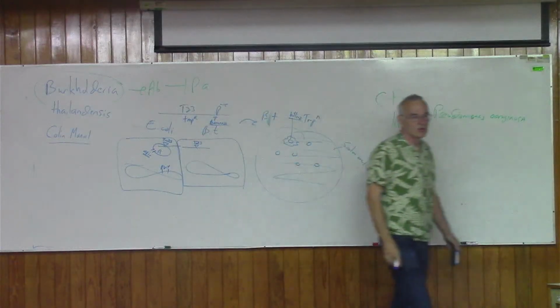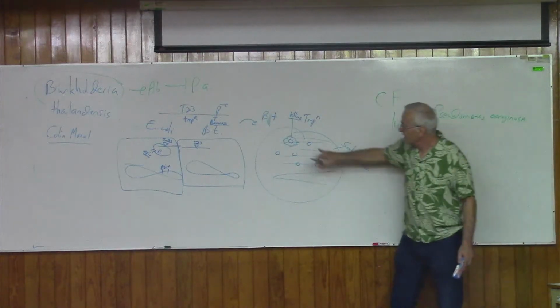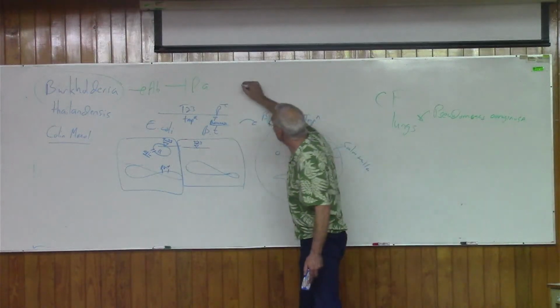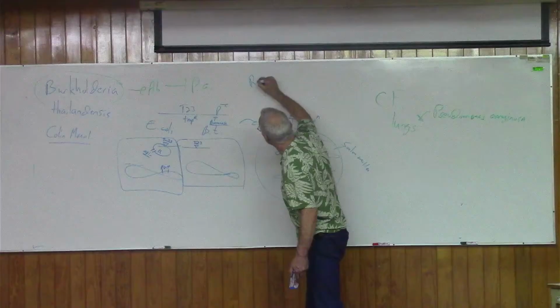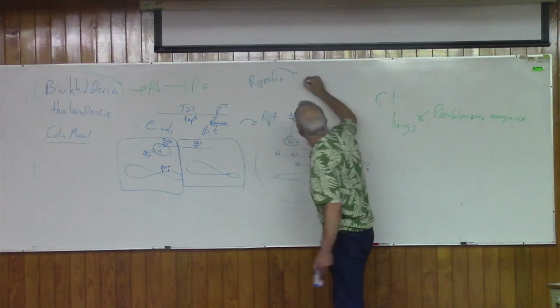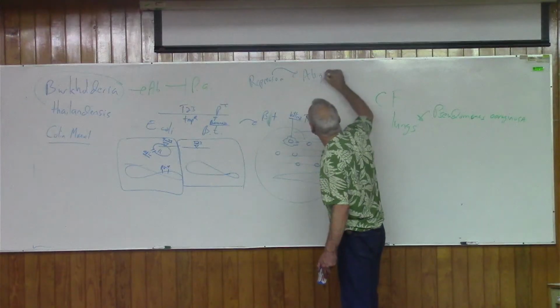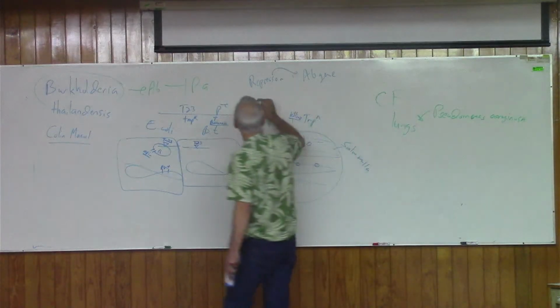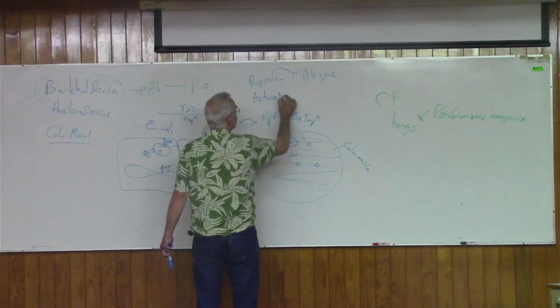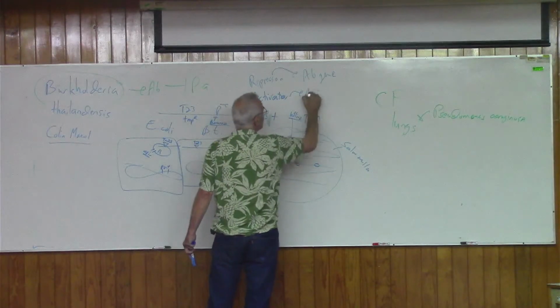Okay, so we got insertions that had a zone of killing, and the idea was either you have a repressor of the antibiotic gene or an activator of the antibiotic gene.